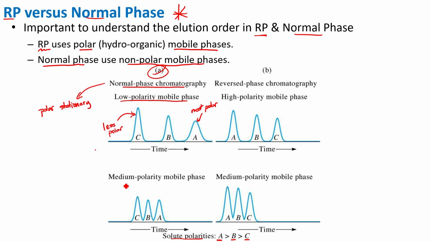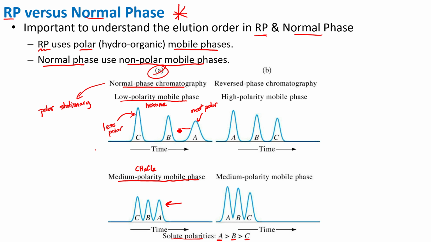So if I were to increase the polarity of the mobile phase, going from something very nonpolar, like hexane, to something of intermediate polarity, like methylene chloride, which has a dipole moment, it's not a symmetric molecule, it increases the strength of the solvent and everything migrates a little quicker.